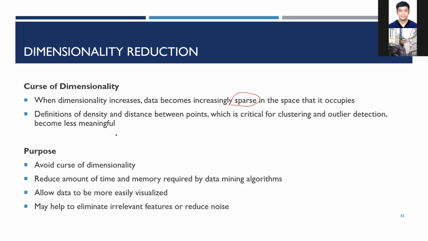The same happens if we use clustering, for example, or outlier detection. Because there are so many attributes, the density of the data or the distance between data points becomes more vague, so we cannot get the patterns.